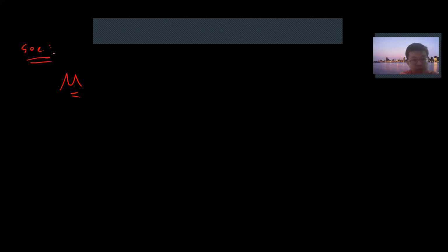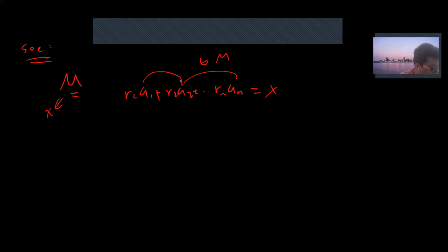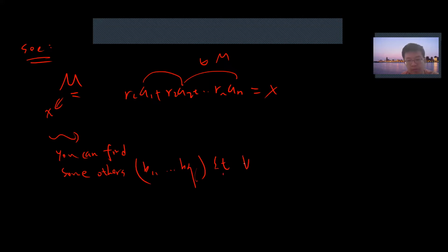Then each x belonging to M can be written as r1 a1 plus r2 a2 up to rn an, for some a's belonging to M. But the theorem says that you can find some others, say b1 up to bq, such that any x belonging to M can be uniquely written as a linear combination s1 b1 up to sq bq, where all the si belong to the ring.